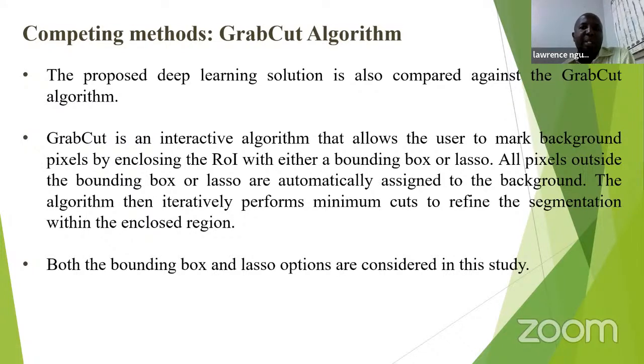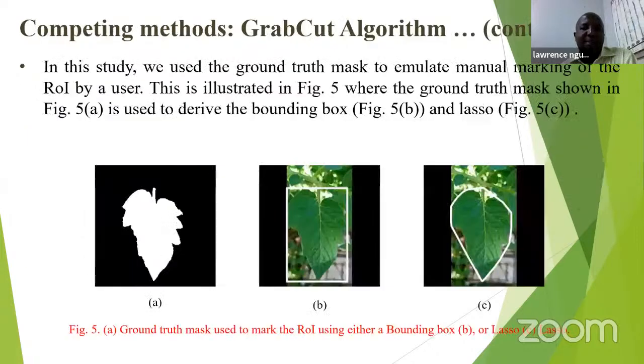The grab cut algorithm is an interactive algorithm whereby the user roughly demarcates the region of interest. In other words, you roughly encircle the target, and then from there, the algorithm evolves to segment the target from the rest of the image.